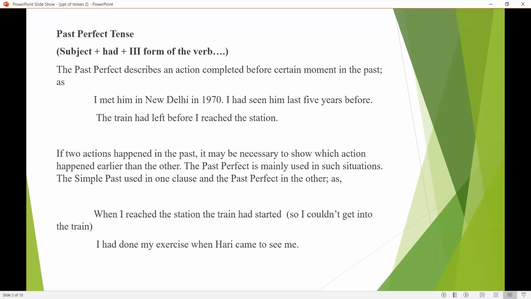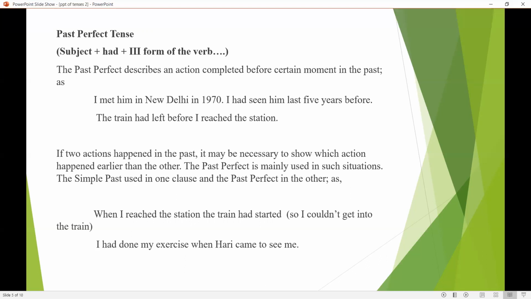If two actions happened in the past, it may be necessary to show which action happened earlier than the other. The past perfect is mainly used in such situations. The simple past is used in one clause and the past perfect in the other. Example, when I reached the station, the train had started.